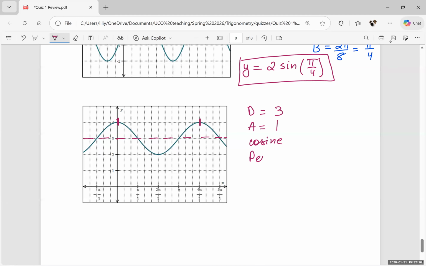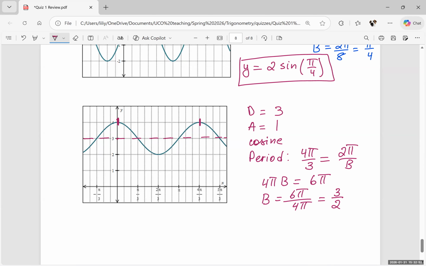So the period for this function is 4 pi over 3, but also by definition, it's 2 pi over b. Cross multiply, so that would be 4 pi times b equals 6 pi. So b equals 6 pi over 4 pi. Pi's cancel out, and 6 and 4 can be reduced by 2, so b is 3/2.